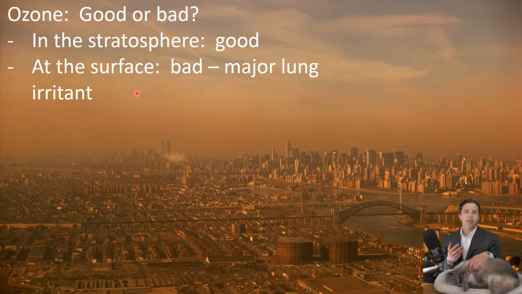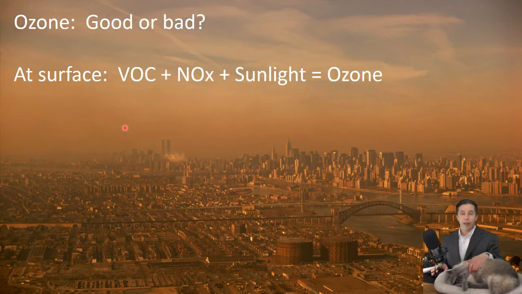O3 is an especially oxidizing compound. If you breathe in O3, it attacks all the tissues in your body. And it's a major lung irritant. And the way you get ozone at the surface is if you have VOCs plus NOx in the presence of sunlight, those three things will react to produce ozone.